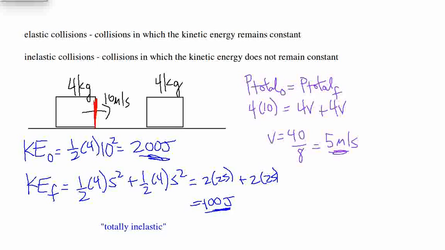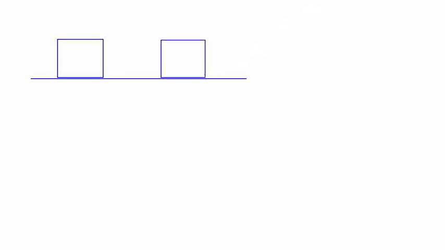So this time, let's do the example where two blocks, one of them is initially moving, it hits the other, and then the stationary one starts moving, and the one that was initially moving comes to rest. And to keep it simple, we'll say that they both have 4 kilograms of mass, like in the previous example. And let's say the first one is again moving 10 meters per second.